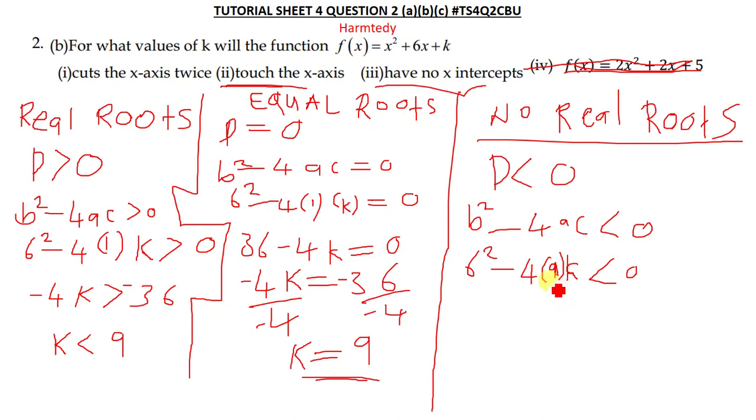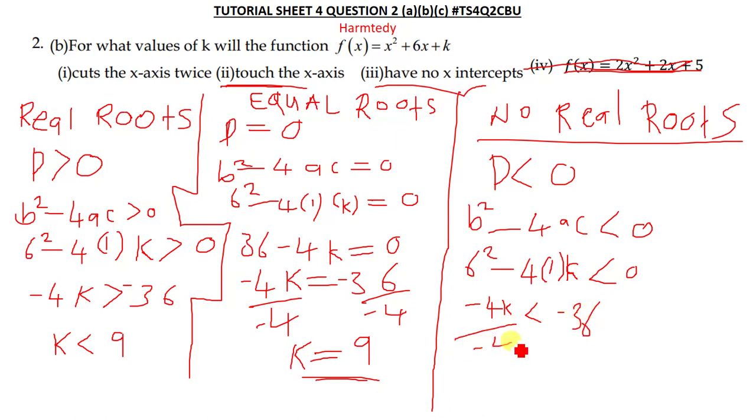So when we simplify this, hope you are seeing it. Okay, let me just write it properly. So this is going to be negative 4k being less than, when this 36 goes to the other side of the equal sign, you get negative 36.